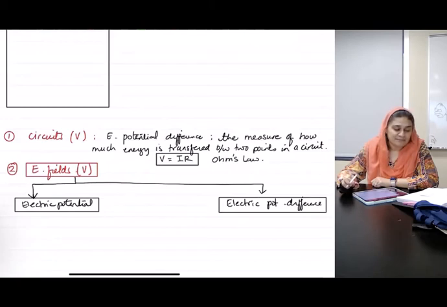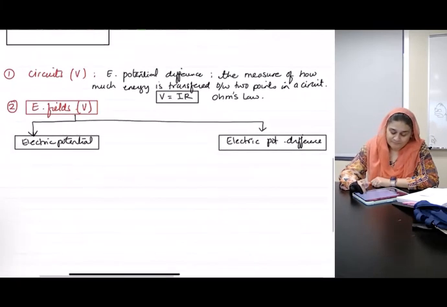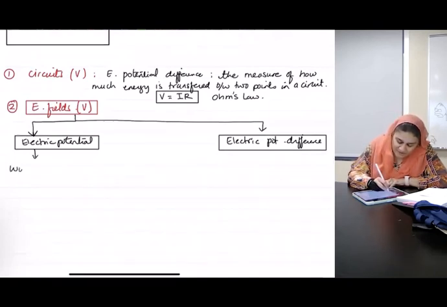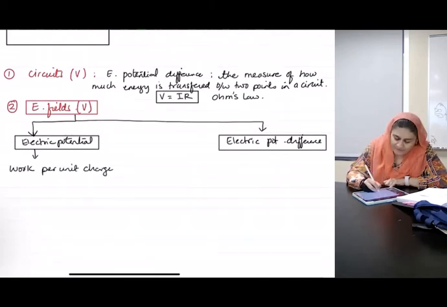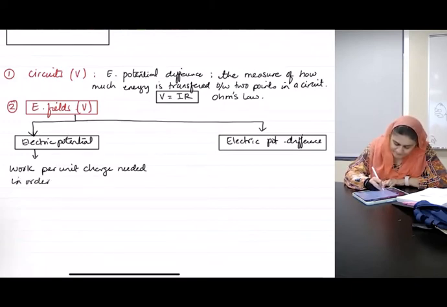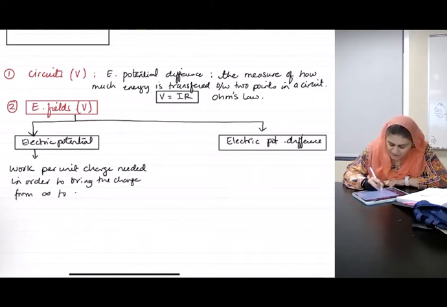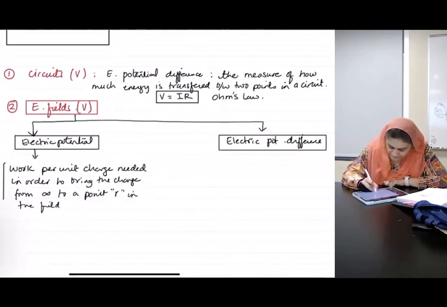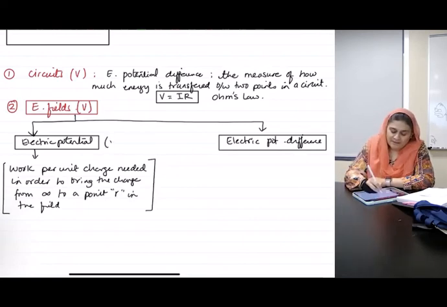When I define it as electric potential, usually textbooks define it as work per unit charge needed in order to bring the charge from infinity to a point, say R, in the field. Note, unit is volt.